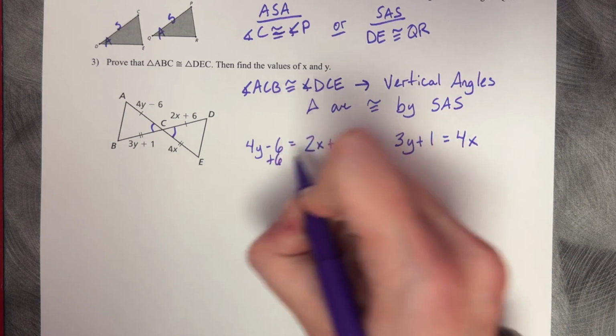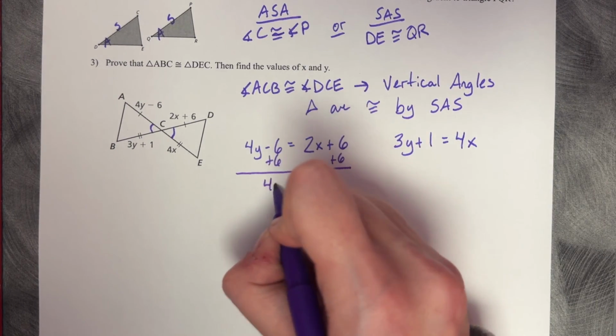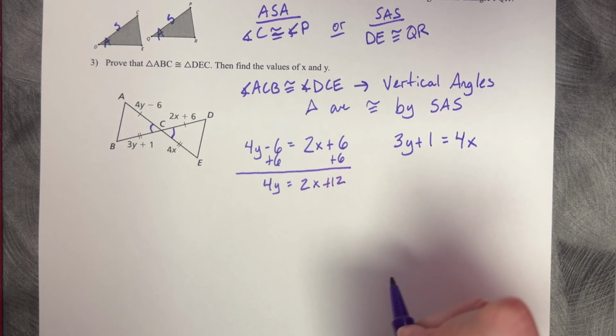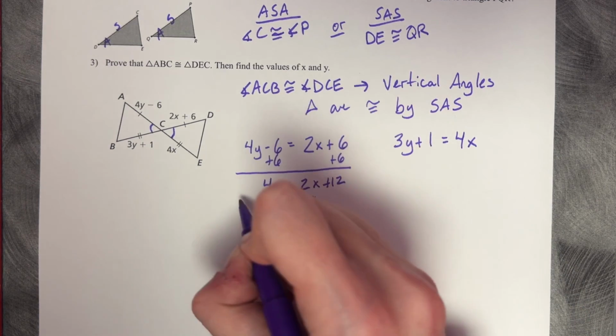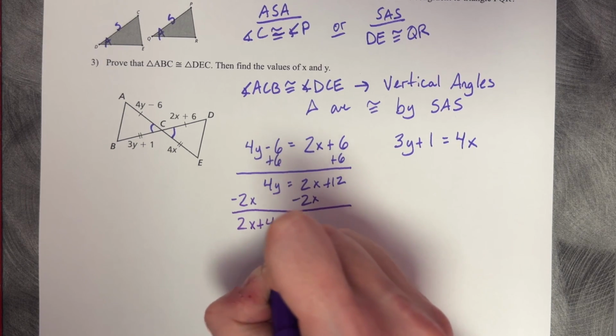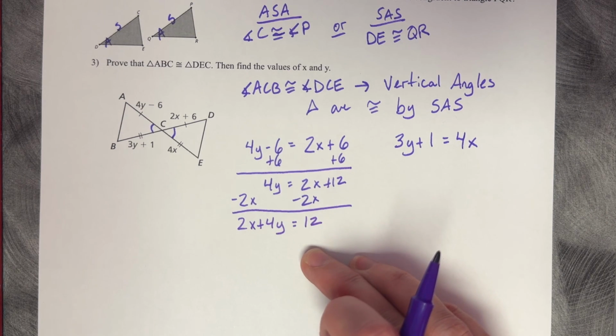So I'm going to add 6 to start. So then I get 4y equals 2x plus 12. And then I'm going to move my 2x over to the other side: negative 2x plus 4y equals 12. So then that one is ready to be stacked for systems.